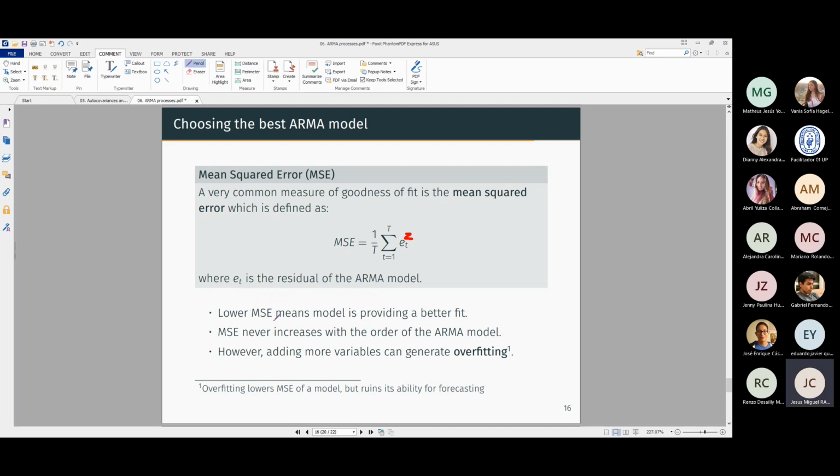When the MSE is lower, that means that the model provides a good fit.